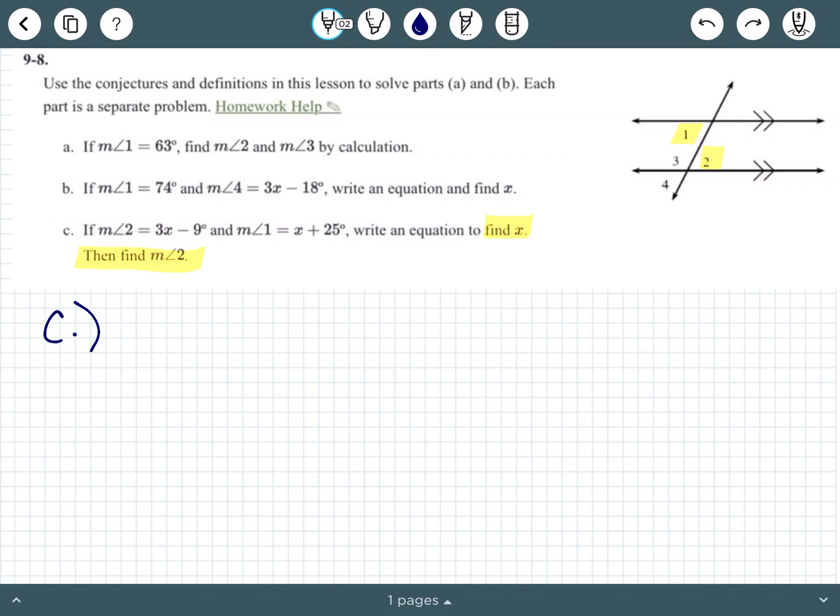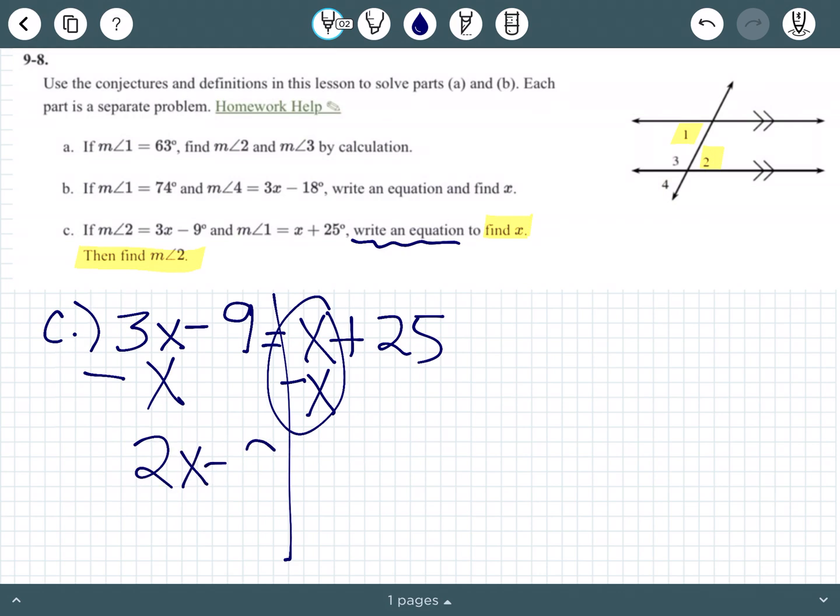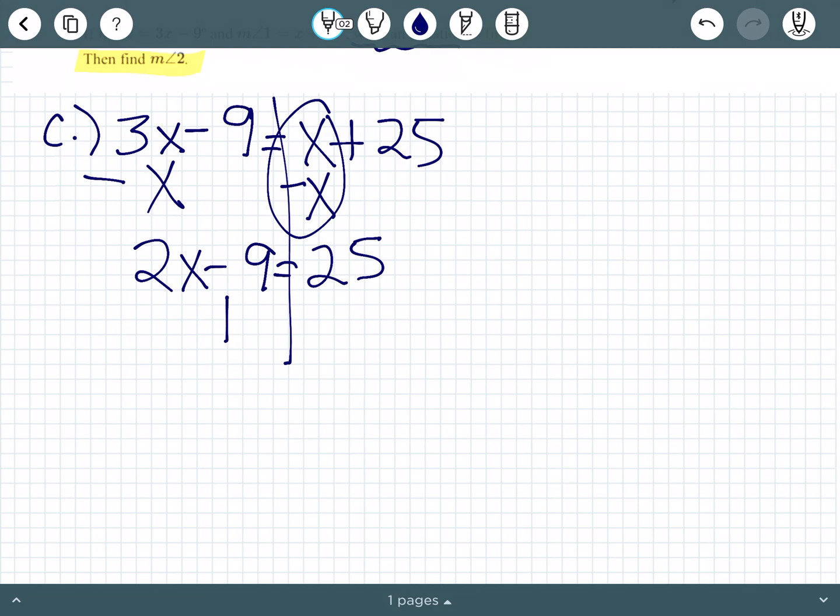So what I can do for writing an equation is I can do 3x minus 9 and set that equal to x plus 25. So I think what I'm going to do first is subtract x from this side to make a 0 pair. Do it on this side as well. So I'll have 2x minus 9 equals 25. Now I can add 9 to each side.